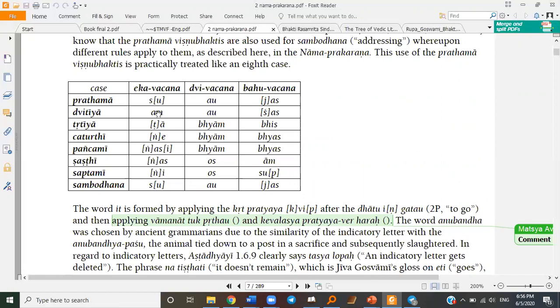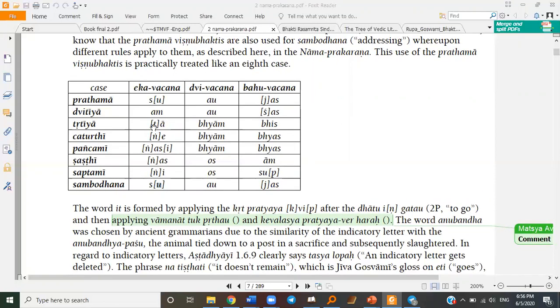These are all indicatory letters: ja, ta, sha, nga, pa, and this ja is repeated again, and u.